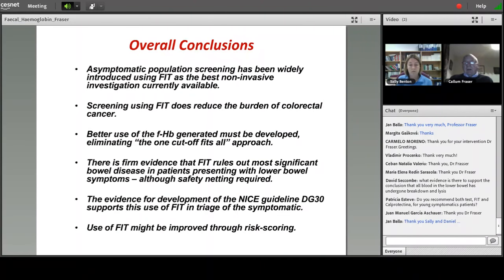And generally, we and our colleagues in England and other colleagues in Sweden and elsewhere have all suggested that fecal calprotectin really adds nothing to fecal haemoglobin. And there's quite a lot of evidence in the literature of inflammatory bowel diseases, the journals concerned with inflammatory bowel disease, that fecal haemoglobin is actually a very, very good test for monitoring ulcerative colitis.